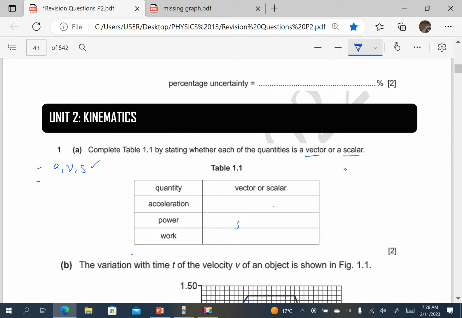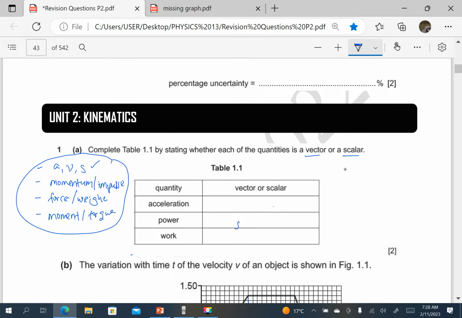Then we expect momentum and impulse, because impulse is change in momentum. Then we expect force as a vector; remember, weight is a force. And lastly, we expect moment, or sometimes called torque. So these are the vectors we expect at AS level. That means everything else must be a scalar quantity.